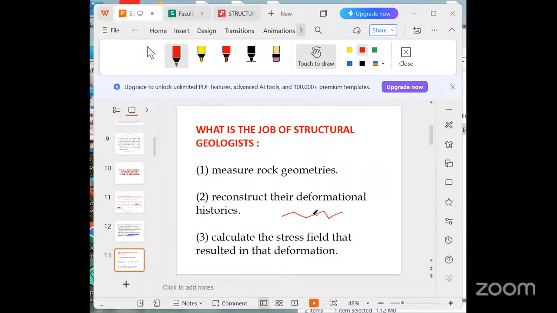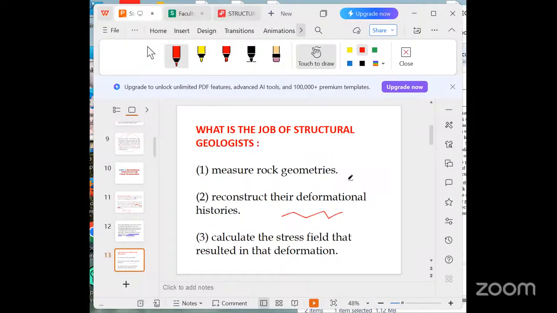Such and other questions can be answered only by detailed investigations of the rock bodies concerned. So geological field work forms the first and most indispensable part of the study of rock structure. Now, what is the job of the structural geologist?